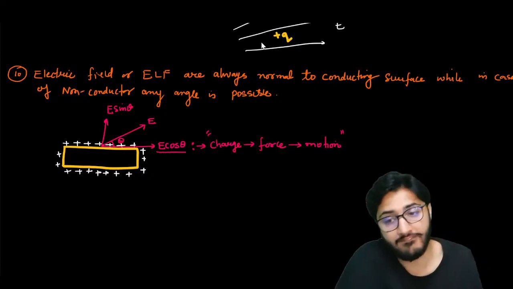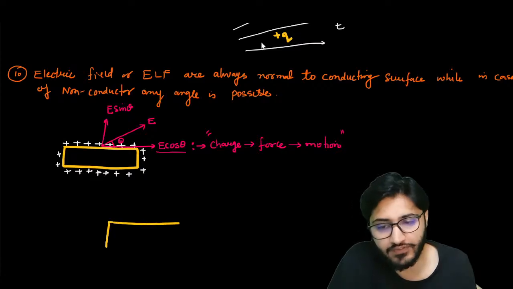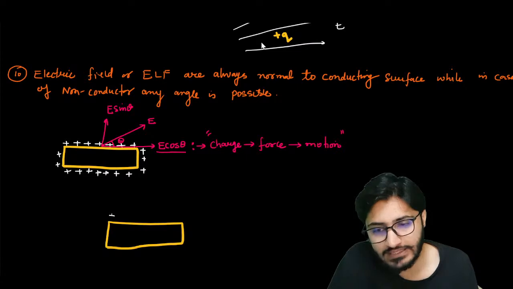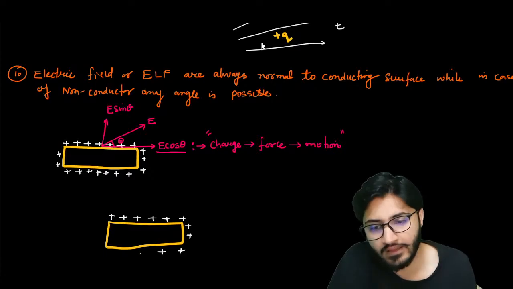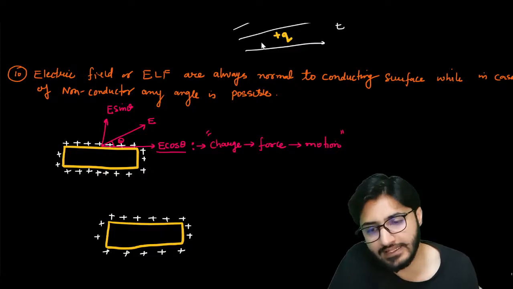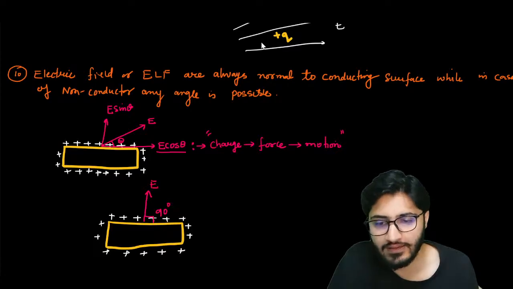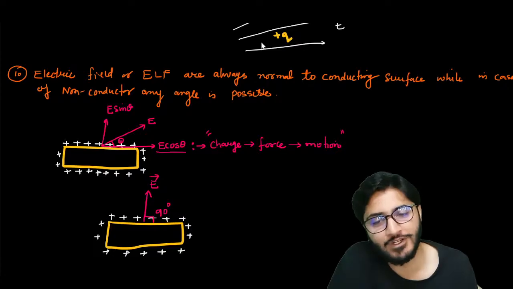That's why it is always said that the electric field lines should be perpendicular. The reason is that my charged particles shouldn't feel any dragging force. So if my field is in this way, the angle is 90 degrees.